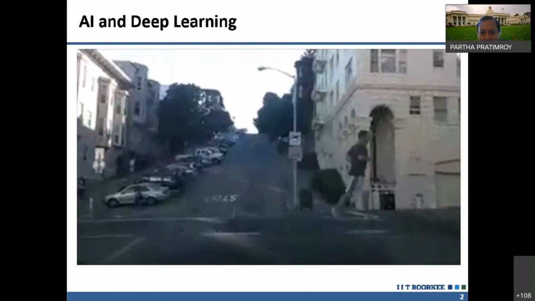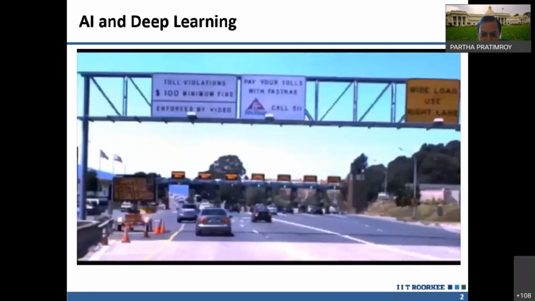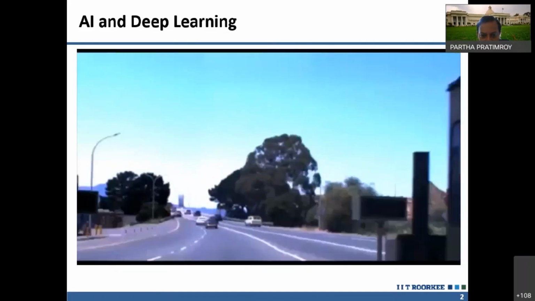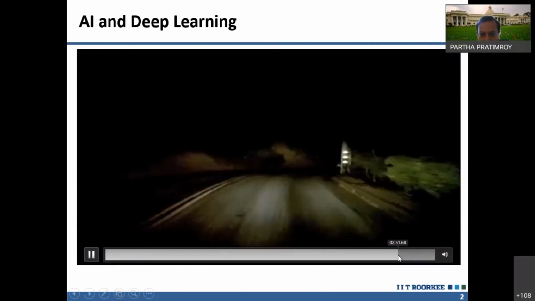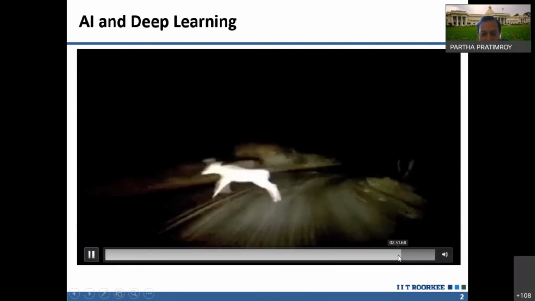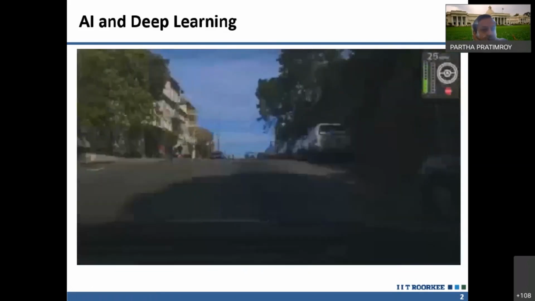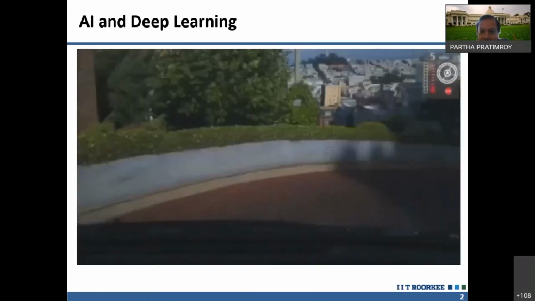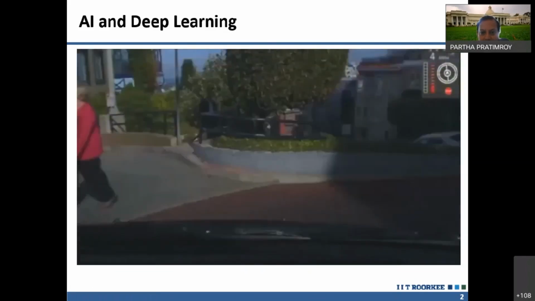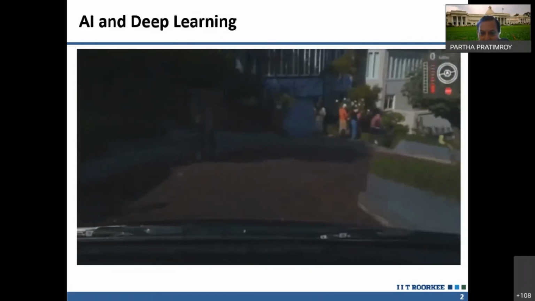Whenever it sees pedestrians in front of it, it stops. Not only that, it also works with night vision, when you do not have daylight. There also it should function.